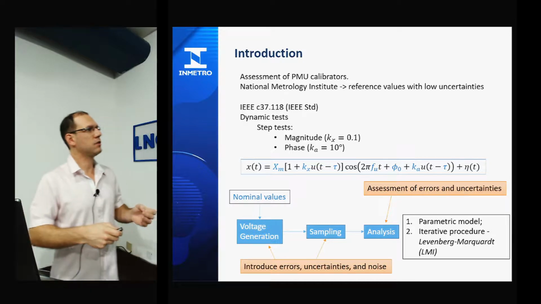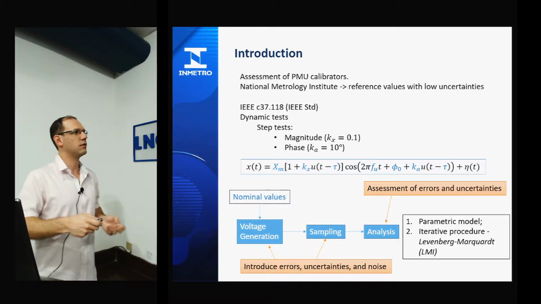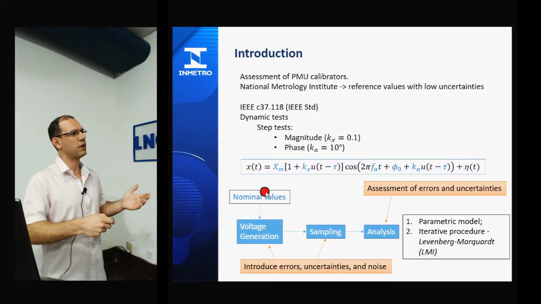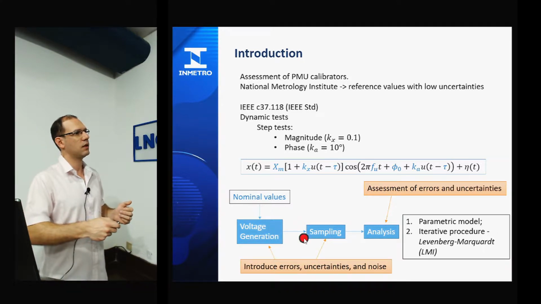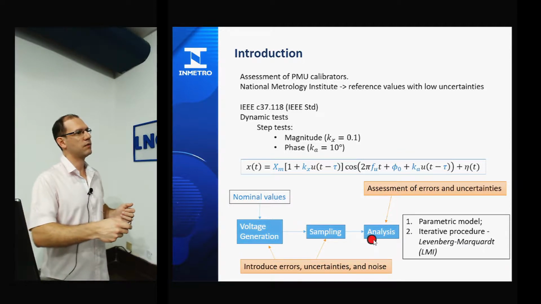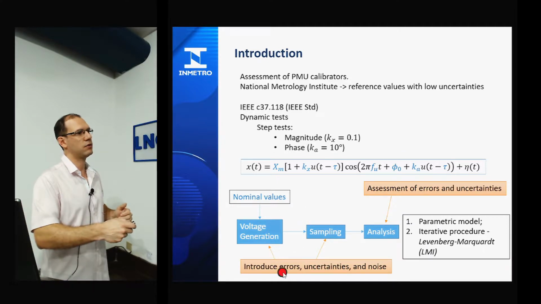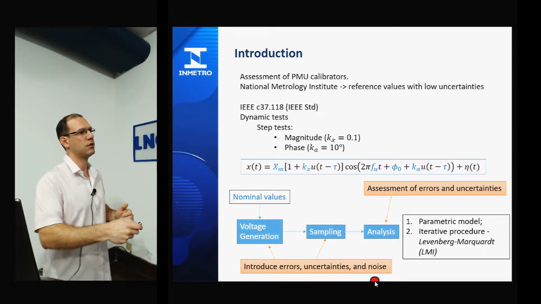In a calibration system, usually we give the nominal values, and we have a voltage generation and sampling of the signals, and after that we have some kind of analysis. The hardware tasks will introduce errors, uncertainties, and noise.